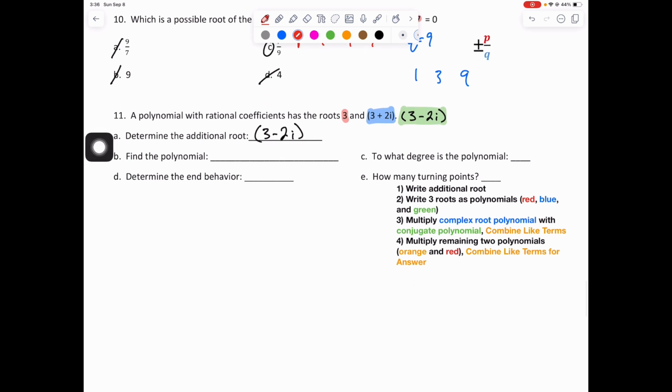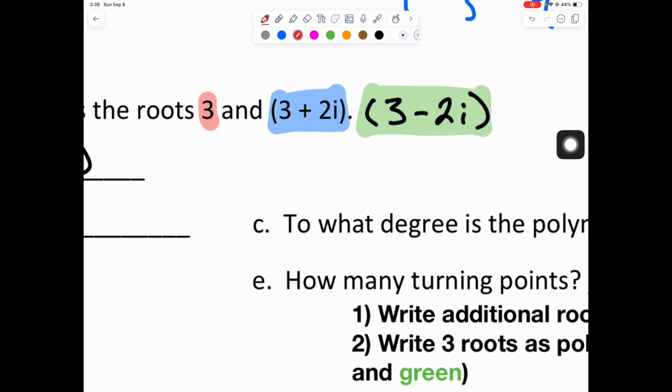Now, we know our positive 3, if we bring that back in, would be x minus 3. Now, don't get confused here. We're simply going to take the opposite of our 3, which is negative 3, and the opposite of our plus 2i, which is negative 2i.